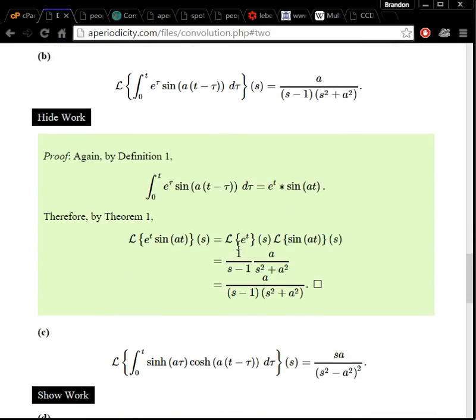We have the Laplace transform of e to the t times the Laplace transform of sine of at, and the Laplace transform of e to the t is 1 over s minus 1, times the Laplace transform of sine of at, as in the former problem, which is a over s squared plus a squared, and multiplying them together, we get a over s minus 1 times s squared plus a squared.